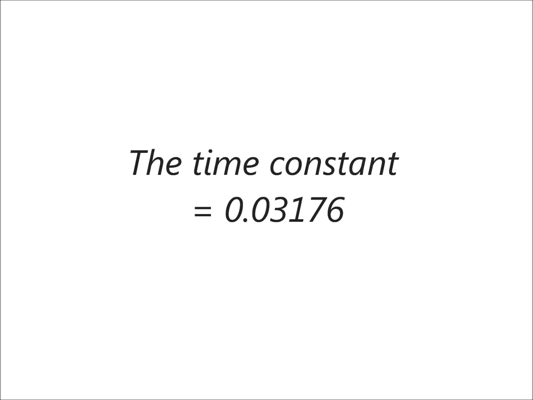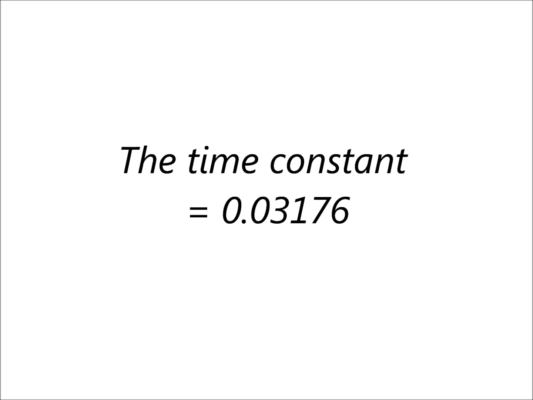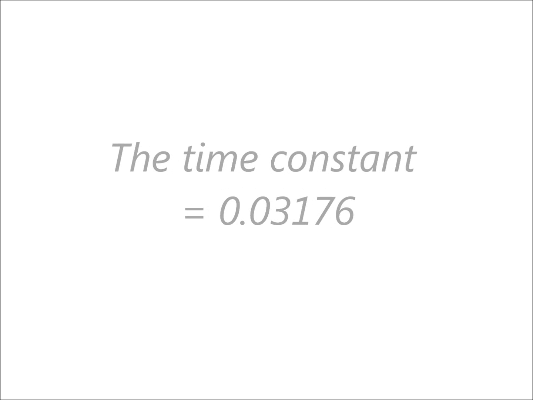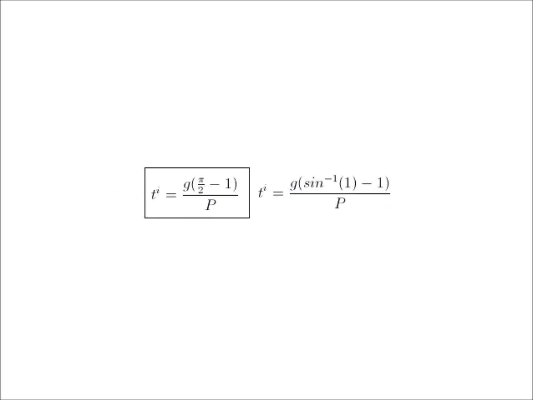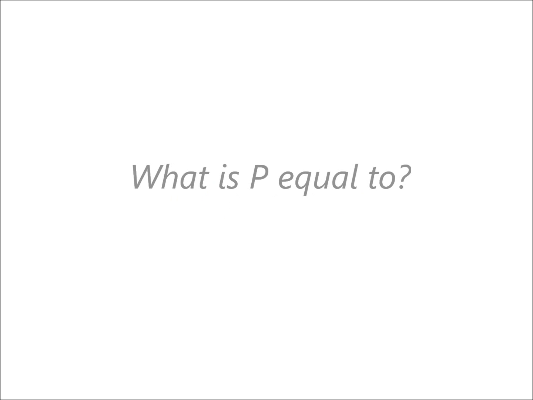0.03176 approximately. There is also a simple equation which requires that you know the variable of p. This equation is: the time constant is equal to the gravitational acceleration multiplied by the difference of pi divided by 2 minus 1 divided by the variable of p. Now, what is p equal to exactly?